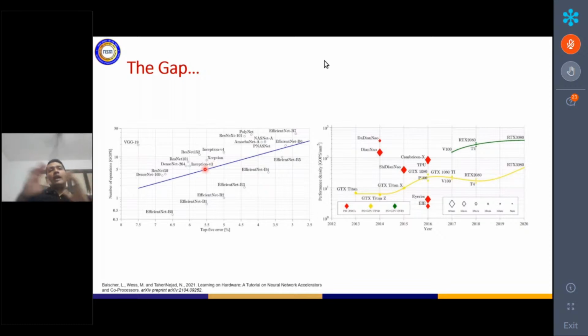Now the gap is there: the requirement of computational density is growing exponentially, and the performance density is getting saturated. So how can we accelerate beyond a certain point?